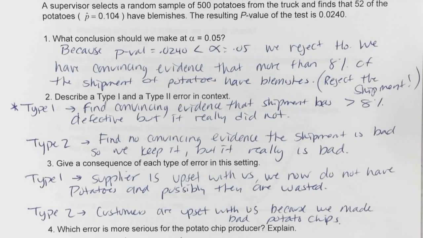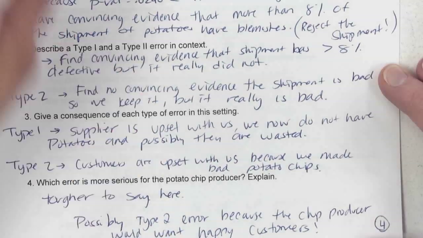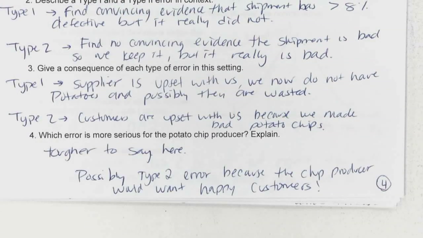Another company that makes potato chips takes the lead. I'm thinking that possibly type 2 error is worse for us. It's a little tougher to say here, not quite as obvious as the water problem in the last one, whether we should switch to bottled water or not. It wasn't a life or death situation. But I'm thinking maybe a type 2 error here, because the chip producer would want happy customers, bottom line.